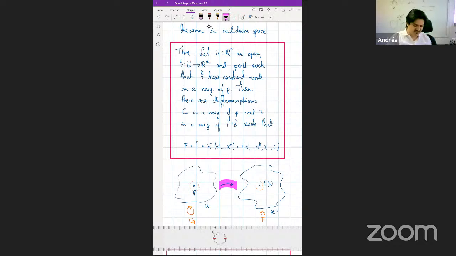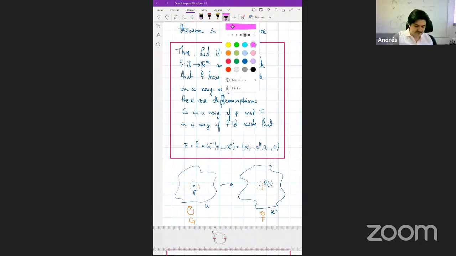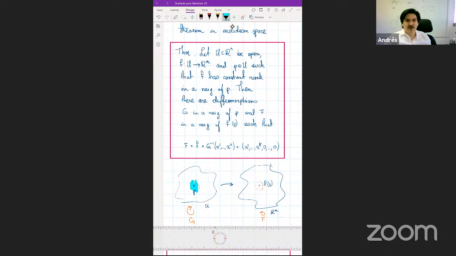You have a function, you have a point, and you assume that nearby P, all of the points will have the same rank. Okay? Same rank.